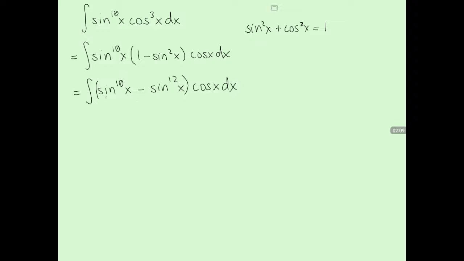So now if we let u equal sine x, then du is going to perfectly be cos x dx. So it's a perfect substitution. u is sine x and du is cosine x dx. If we write this in terms of our new variable u that we substituted, we get u to the power of 10 minus u to the power of 12.